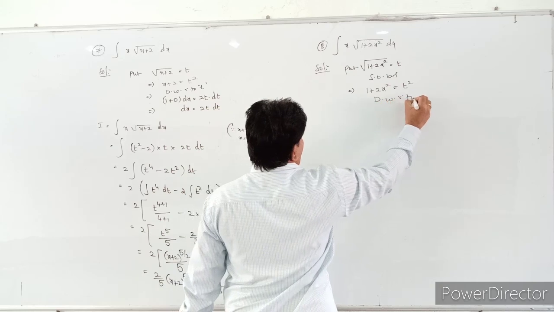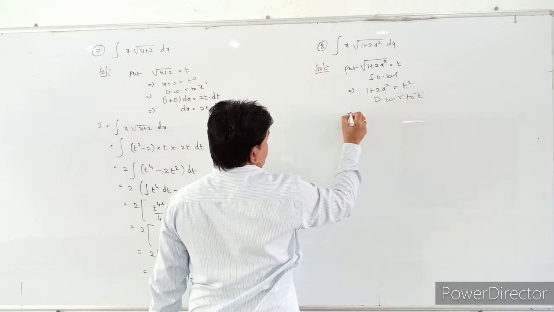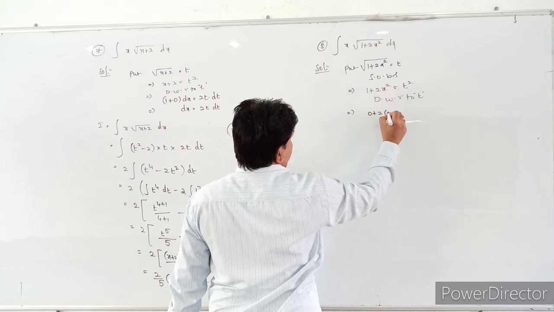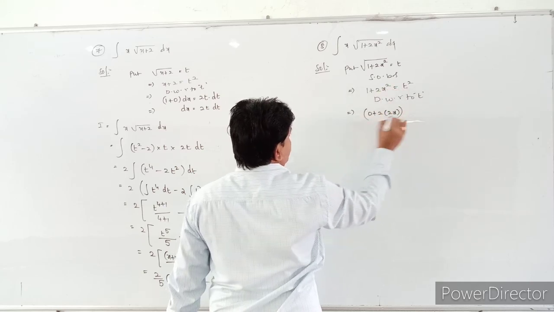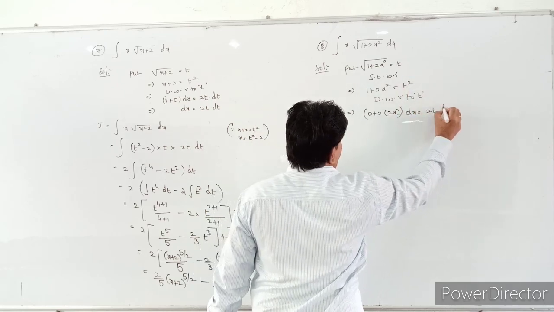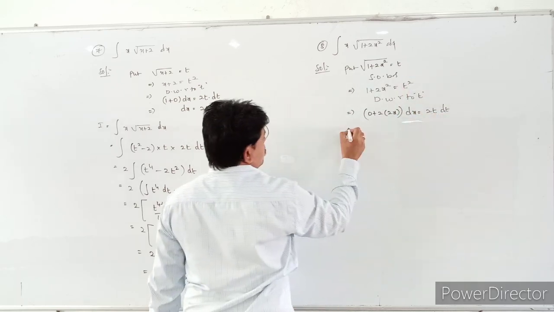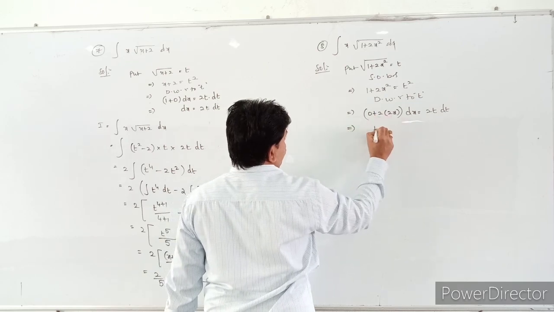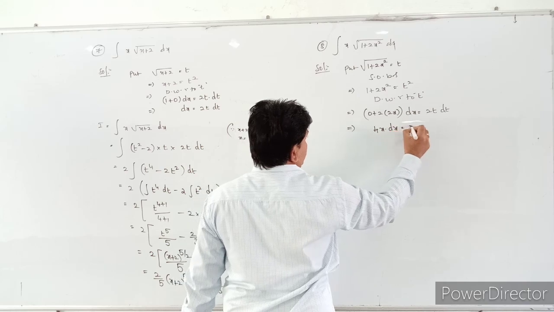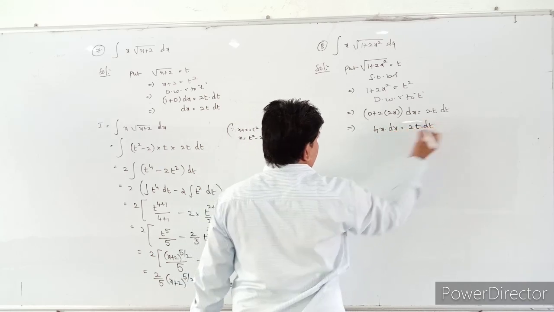Differentiate with respect to t. What happens? The derivative of 1 is 0, plus 2 into x square derivative is 2x into dx, is equal to t square derivative, which is 2t into dt. So that implies 4x into dx is equal to 2t into dt.